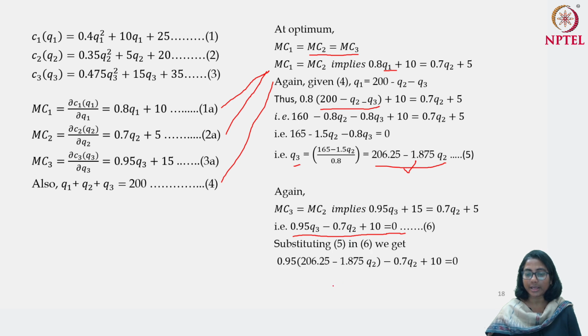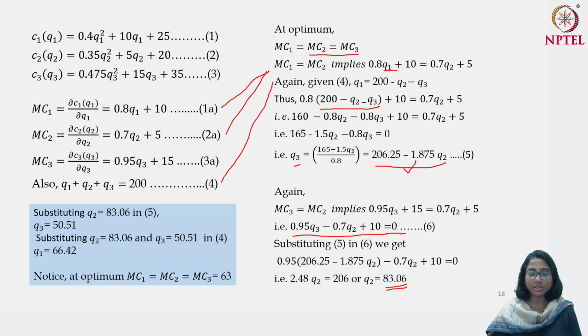So I get 0.95 times (206.25 minus 1.875 Q2) minus 0.7 Q2 plus 10 equal to 0. Solving this, I get Q2, the total production by the second plant, is equal to 83.06.